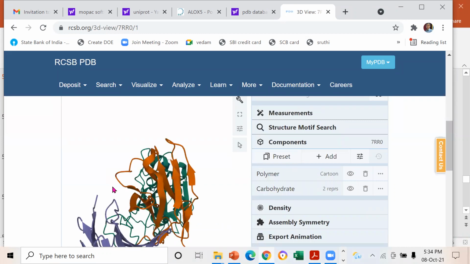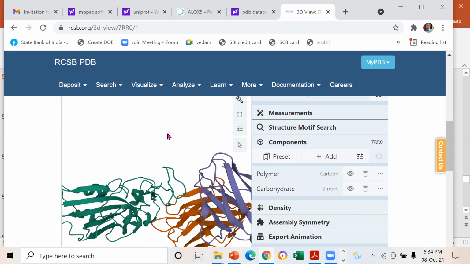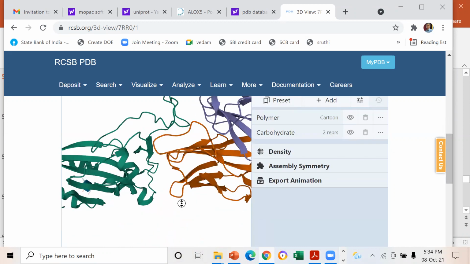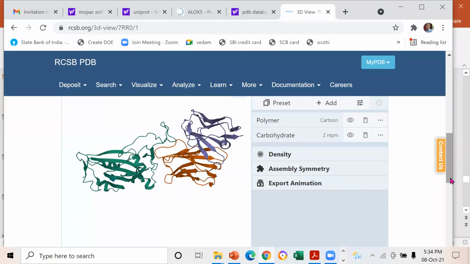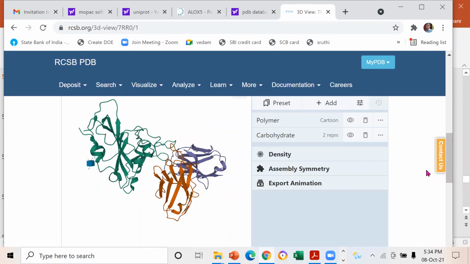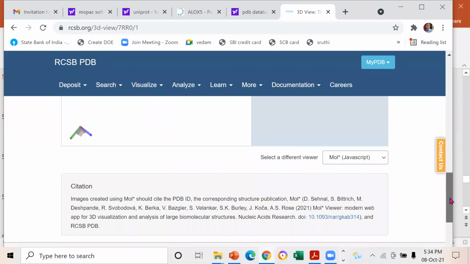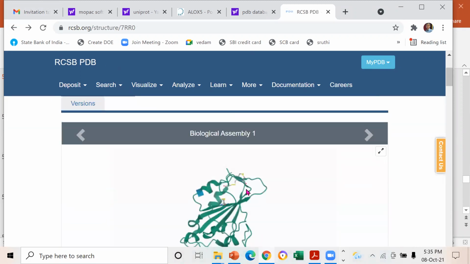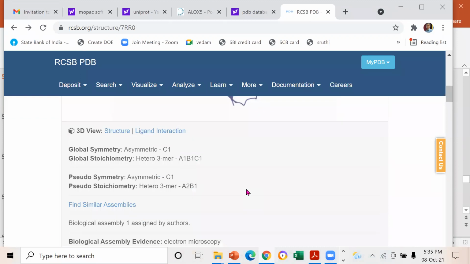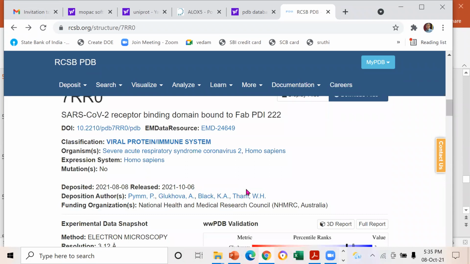Let us see what its function is. This is from Homo sapiens, viral protein, immune system.